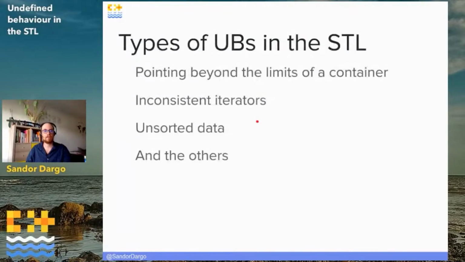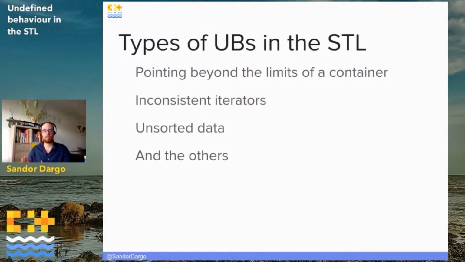So now let's have a look at the different categories, let's say, for undefined behavior in the STL. These are arbitrary categories. I was looking for the undefined behaviors that are there in the standard template library, and I categorized them like this. So there are 4 categories here.